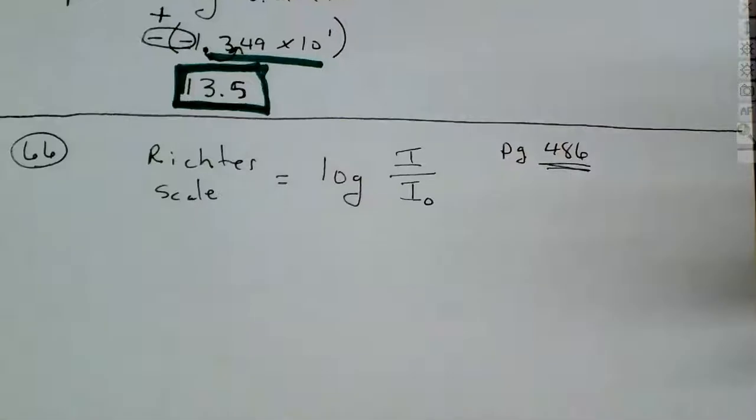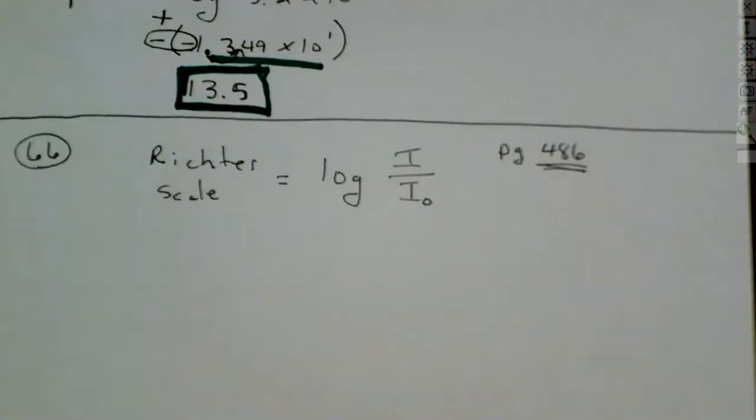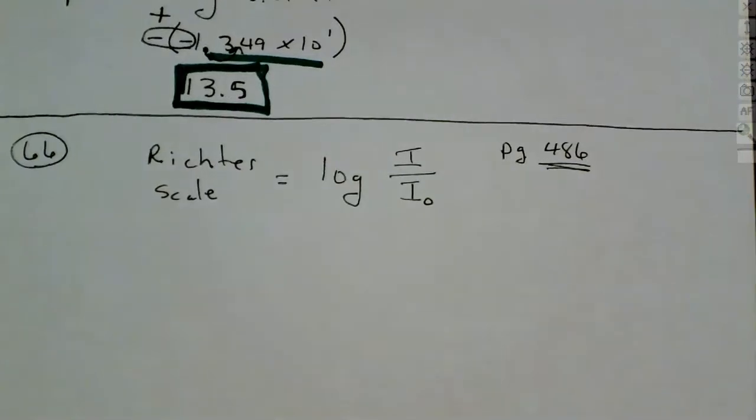Okay, so page 486. Now, when we talk about earthquakes, they're going to be measured on the Richter scale. What that actually is, that's a ratio between the vibrations felt on a normal day from the earth versus the vibrations felt by a seismograph when an earthquake happens. So it's a ratio.